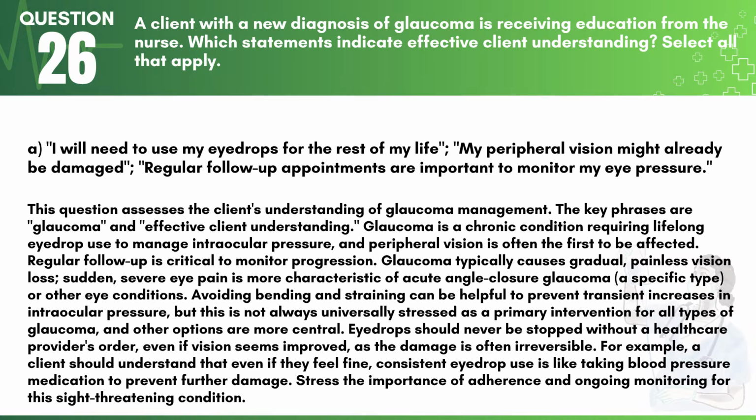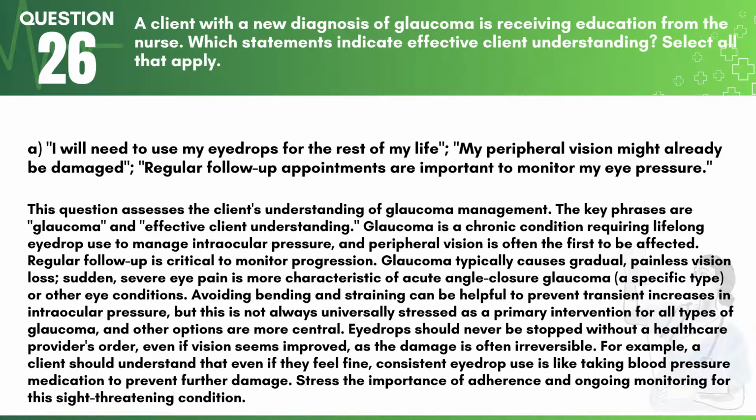Glaucoma typically causes gradual, painless vision loss. Sudden, severe eye pain is more characteristic of acute angle closure glaucoma, a specific type, or other eye conditions. Avoiding bending and straining can be helpful to prevent transient increases in intraocular pressure, but this is not always universally stressed as a primary intervention for all types of glaucoma, and other options are more central.